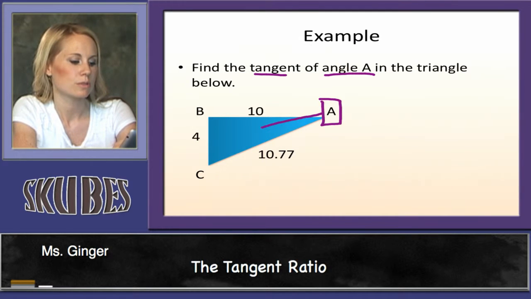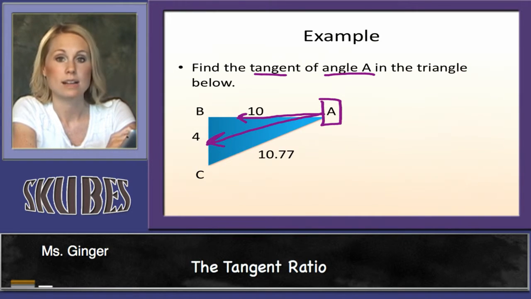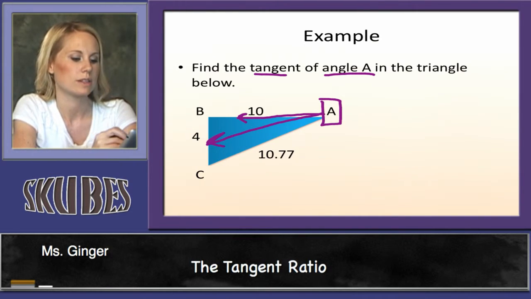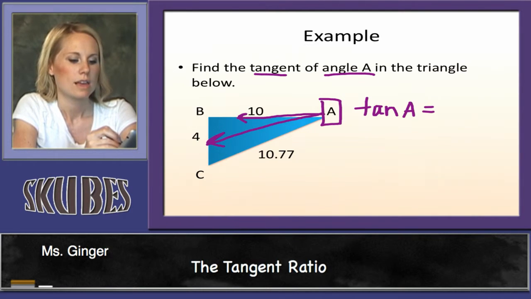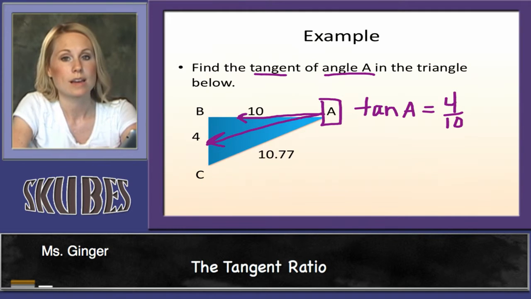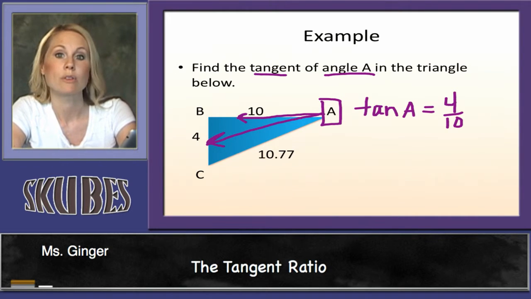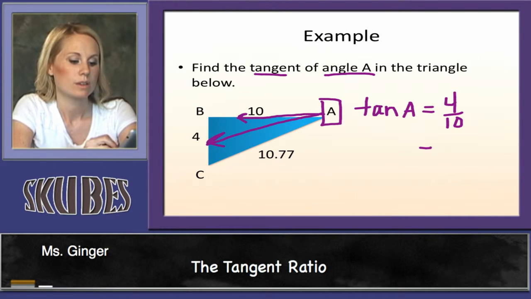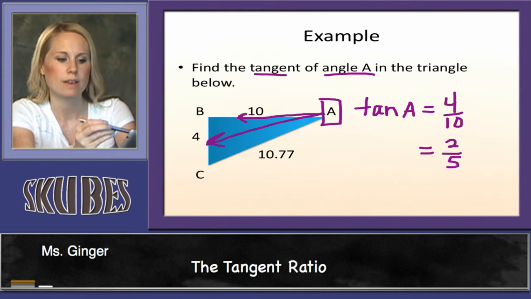So we want to go across from A, so we're looking at 4. Divide that by this side here, the side attached, adjacent, which is 10. So tan, we can abbreviate, of A is 4 over 10. We don't want to leave it like that because that can be reduced. You always want to be on the lookout for that. You can reduce that to 2 over 5. And we have found the tangent of A.